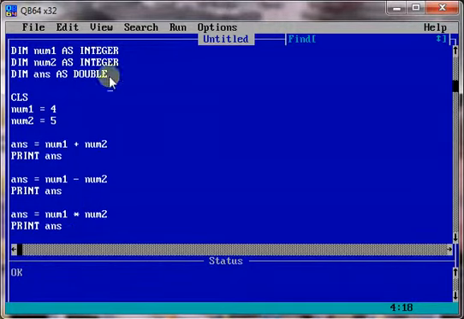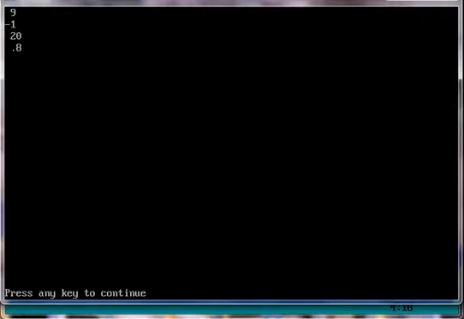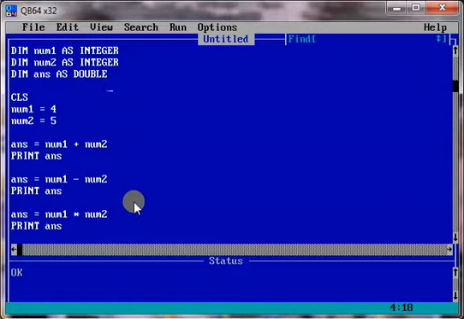So if we compute our result, it's not showing it right, it should be 1.8. Computing a double sometimes in QBasic 64 won't give us the actual amount, but the result is 1.8. You can check with your calculator and you will see the result.